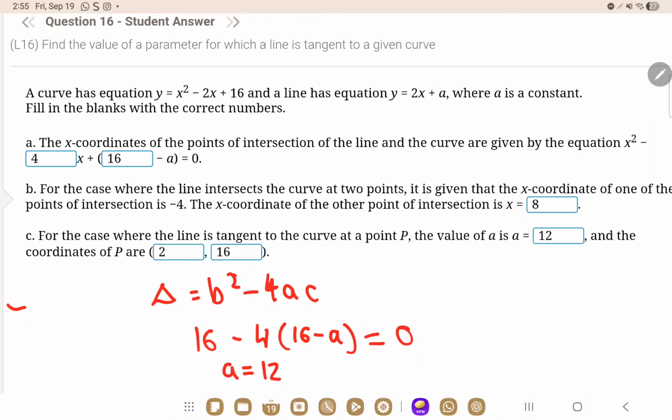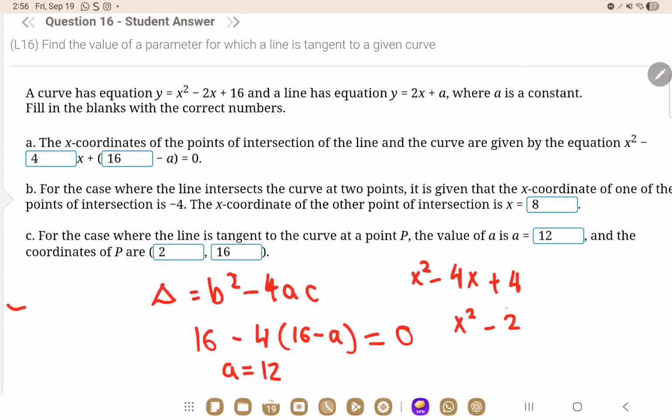Then by using a equals 12, you write down your equation. So again it's x squared minus 4x plus 4. Then we know that there's only one equation this could be.